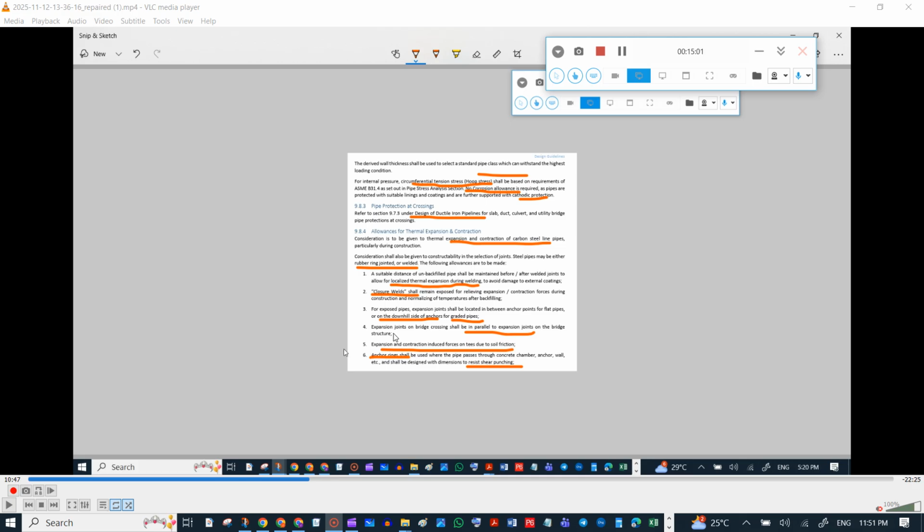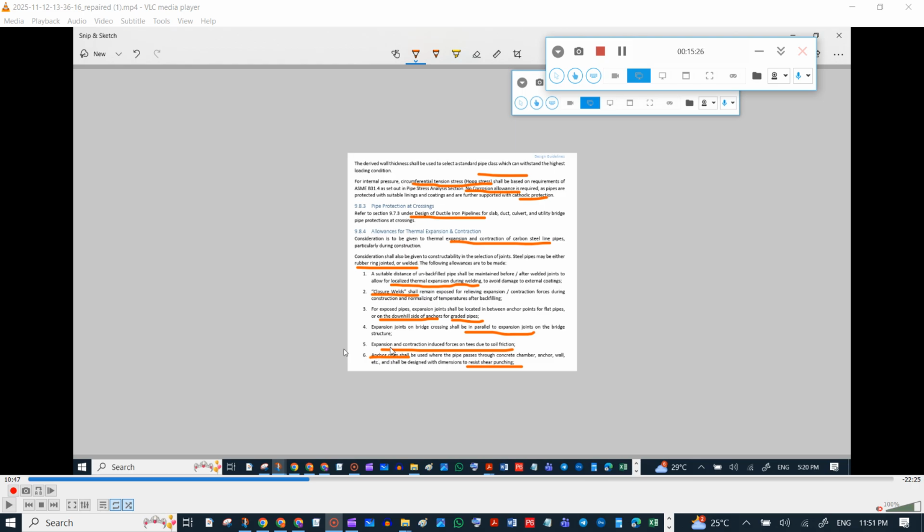The third step is that when we are giving expansion joints, they should be located at anchor points for flat pipes and on the downhill side of anchors for graded pipes. Fourth, expansion joints on the bridge crossing shall be in parallel to the expansion joints on the bridge structure itself.